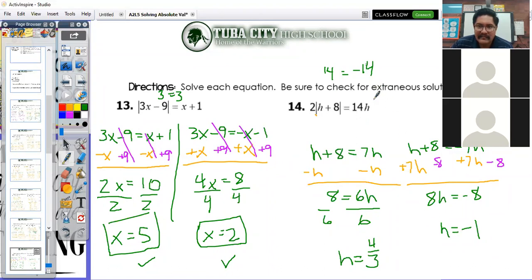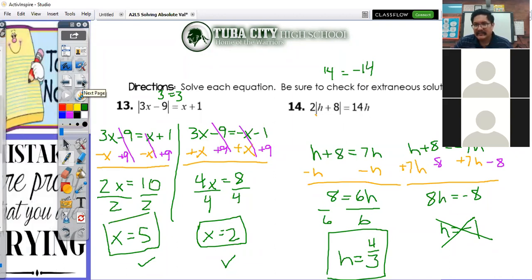Negative times positive. Okay, so that's not going to work. So this is an extraneous solution. So that leaves us with only this as our solution. So this one only has one solution.